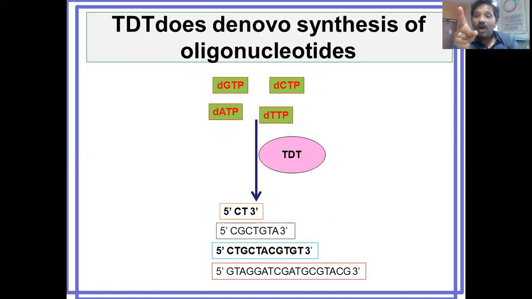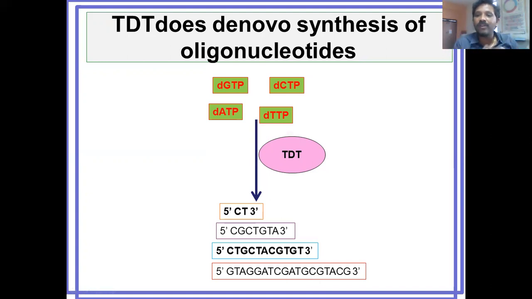This is an unusual and fantastic property of terminal deoxynucleotide transferase: it can synthesize oligonucleotides de novo. De novo synthesis means you just provide the nucleotides and the enzyme, and it can synthesize from 2 nucleotides up to 15 nucleotides in length. The maximum length is 15 bases.